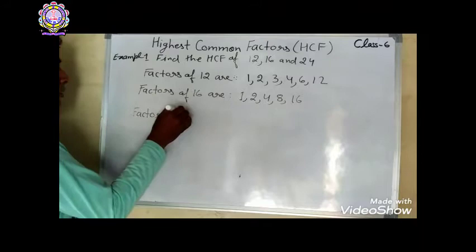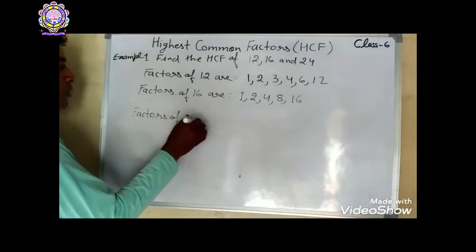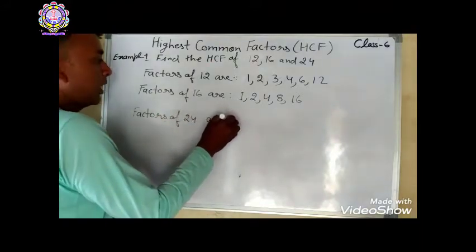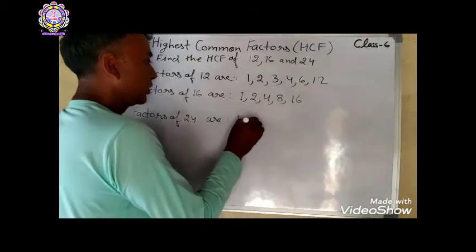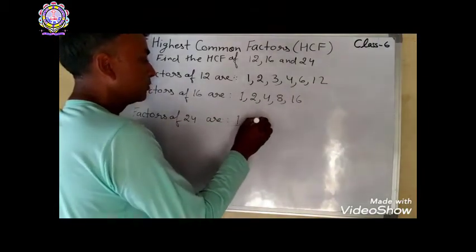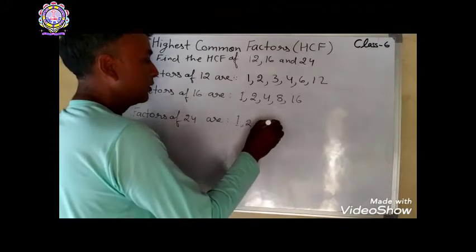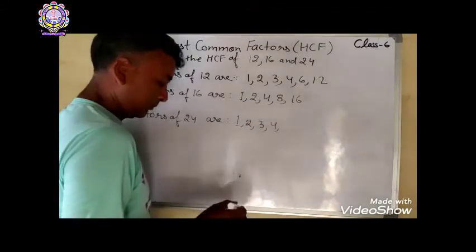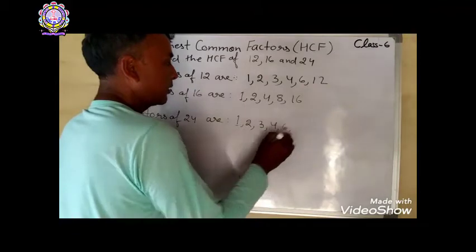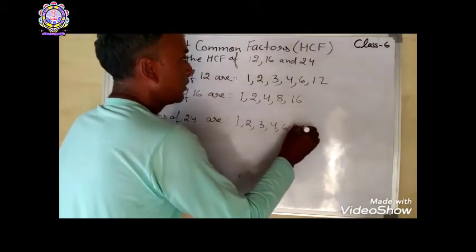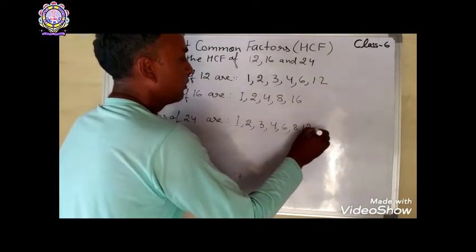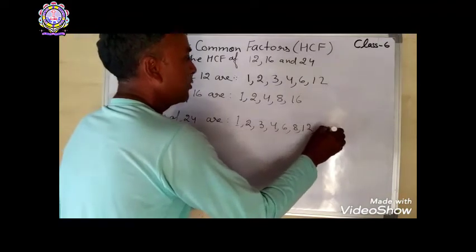Factors of 24 are 1, 2, 3, 4, 6, 8, 12 and 24.